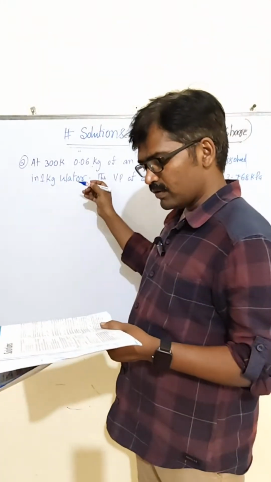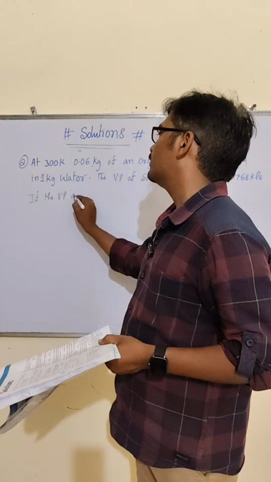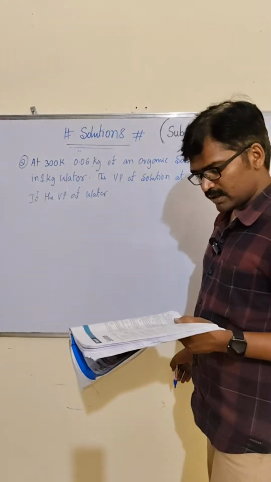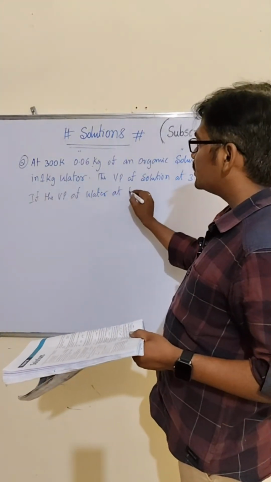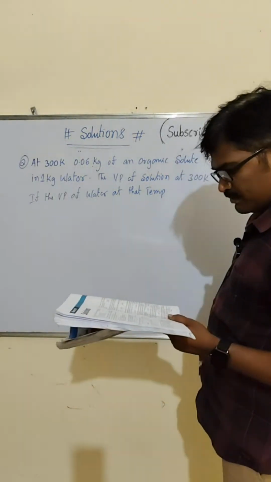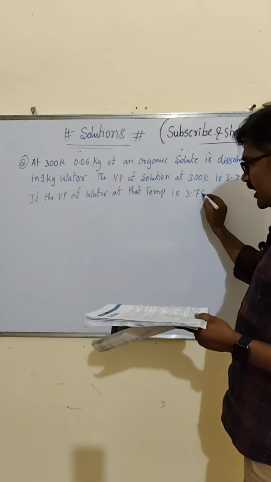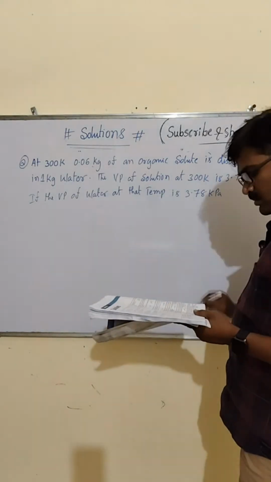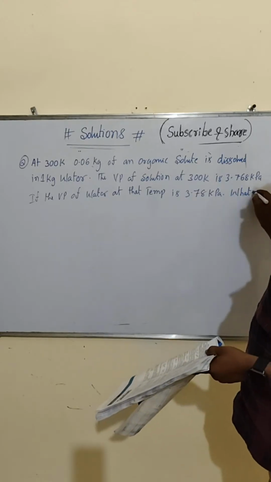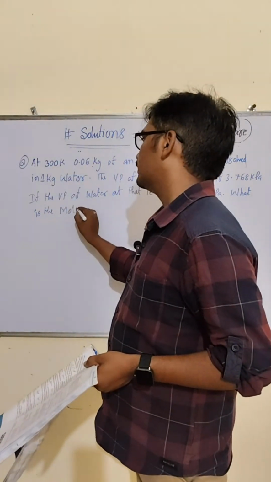If the vapor pressure of water at that temperature is 3.78 kilopascals, what is the molar mass of solute?